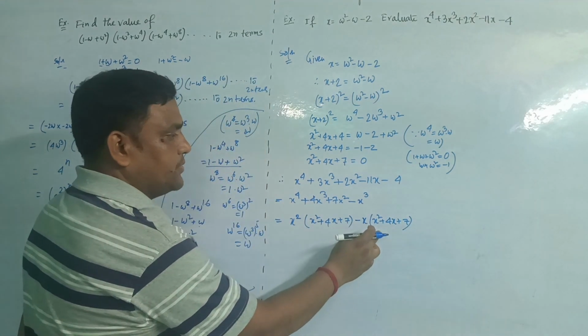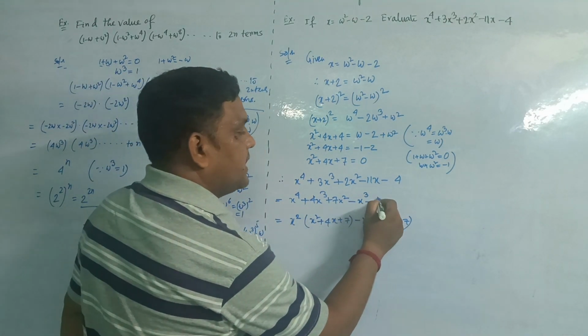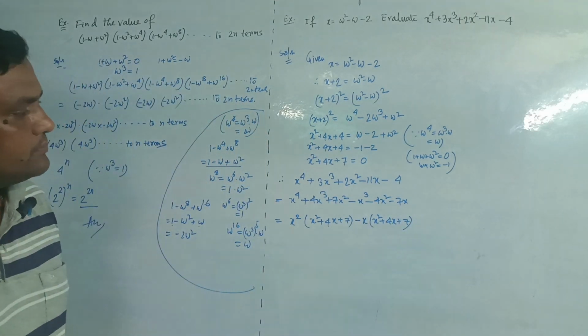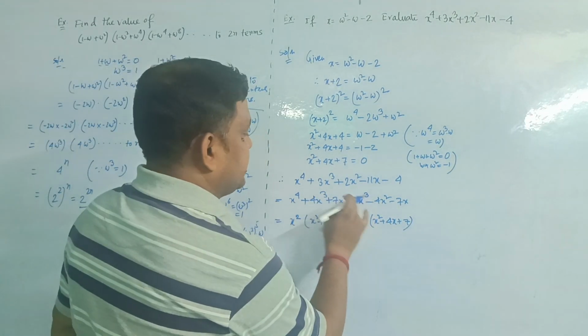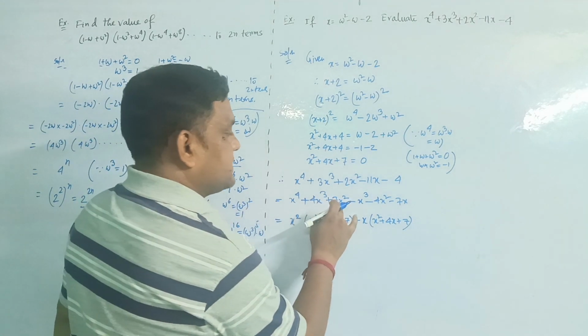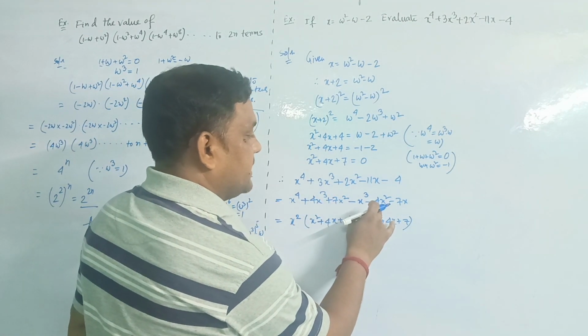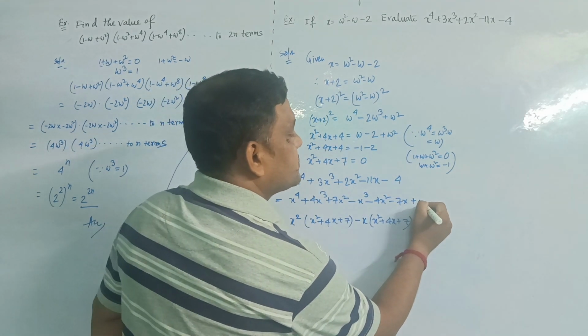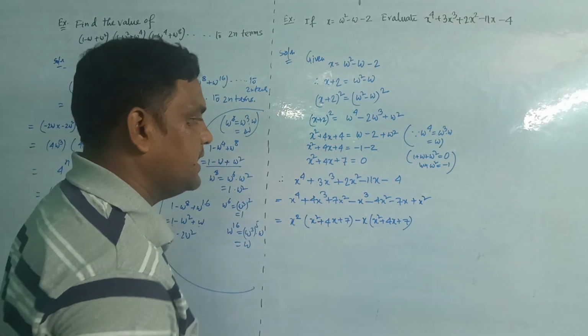So minus x cube minus 4x square minus 7x. So 4x cube minus x cube is 3x cube. Here 7x square minus 4x square becomes 3x square. But we need 2x square.